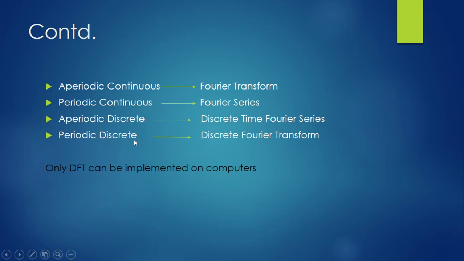If the signal is discrete and periodic, then we have discrete Fourier transform. Only DFT can be implemented on computers. So, our topic of the discussion in this lecture will be the DFT.